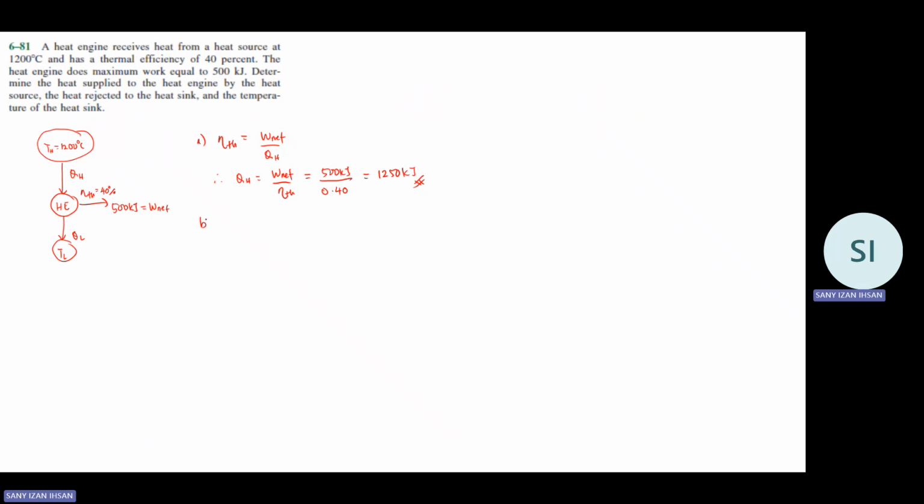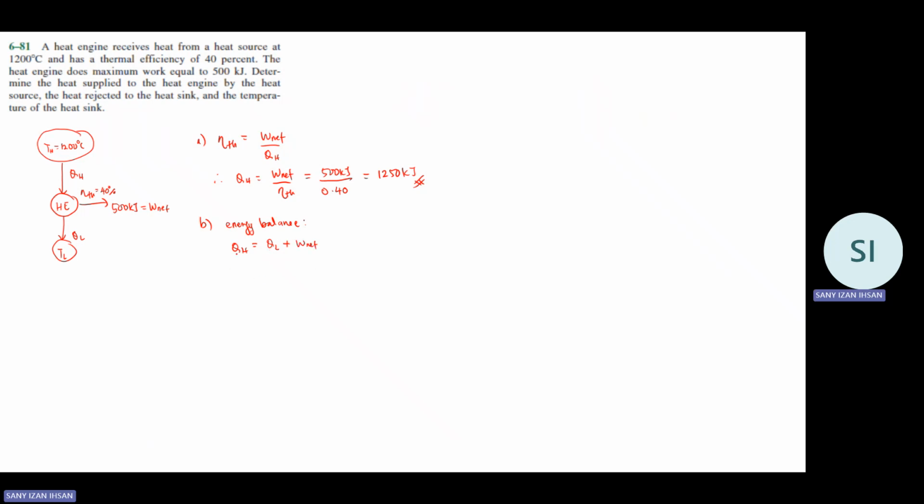All right. B, heat rejected to the sink. Since we have QH, we also have W net from the problem. To find QL, we can simply use the energy balance relation. You know that QH, the energy coming in, is equal to the energy going out, which is QL plus W net.